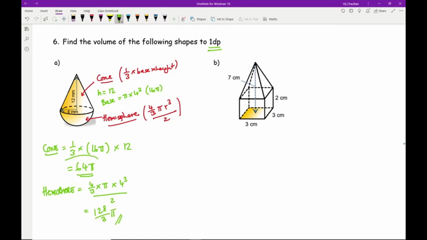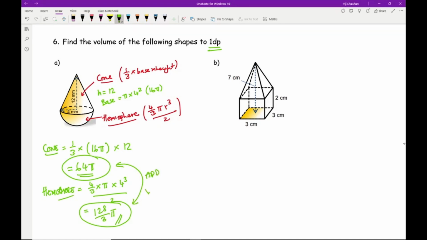So here you can see I've got my 2 components that I now need to add. Now again, if I was to write the decimal version of that, it would be 134.0412866. But again, because I've not finished my final answer, I've now got to combine these 2 things together.